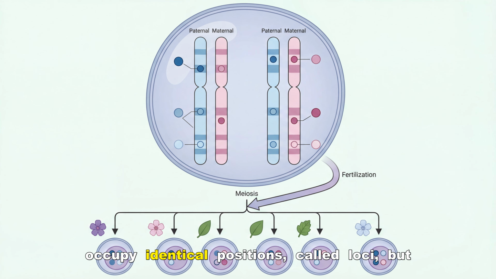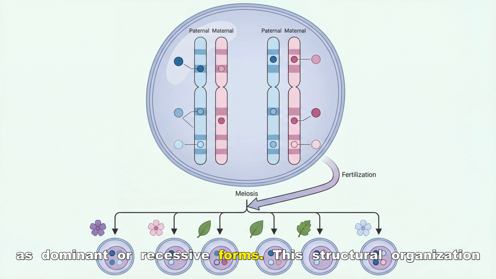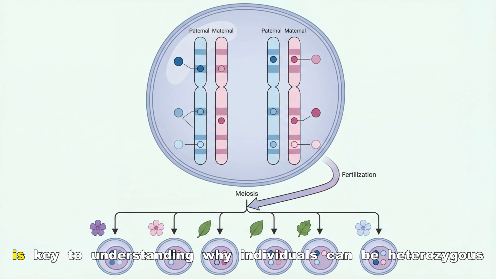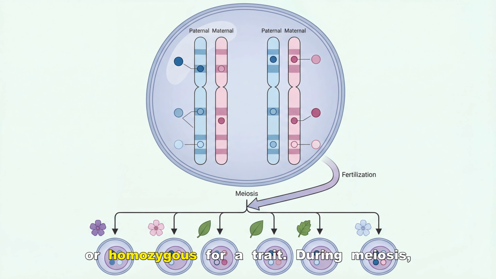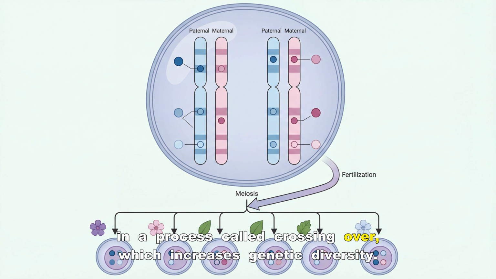These genes occupy identical positions, called loci, but can differ in their sequence, giving rise to different alleles such as dominant or recessive forms. This structural organization is key to understanding why individuals can be heterozygous or homozygous for a trait. During meiosis, homologous chromosomes pair up and can exchange segments in a process called crossing over, which increases genetic diversity.